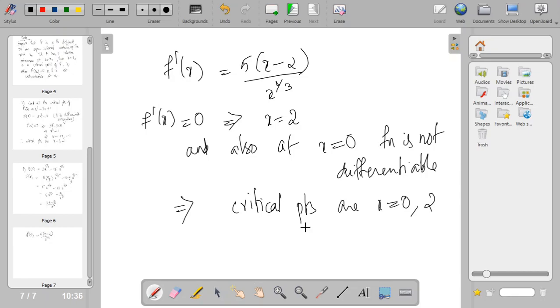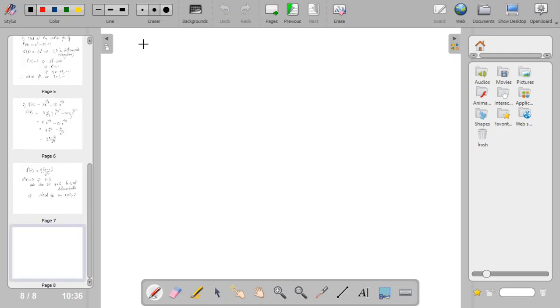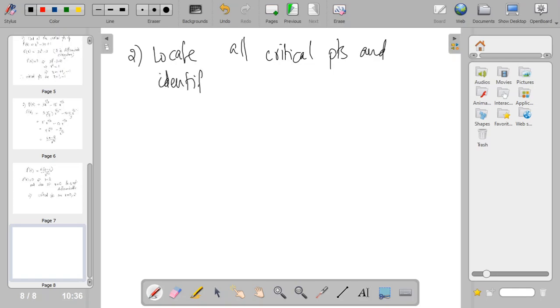Now we will see one more problem. The question is to locate all critical points and identify the stationary points.